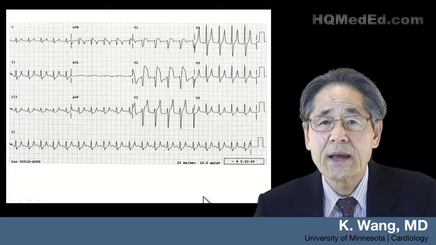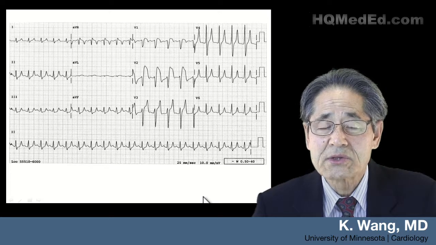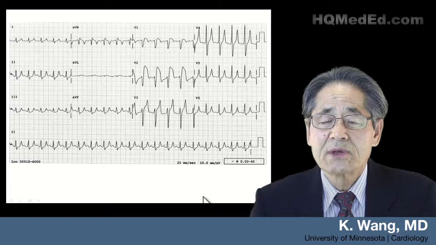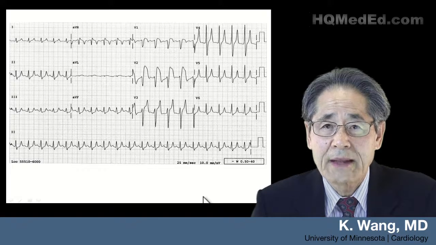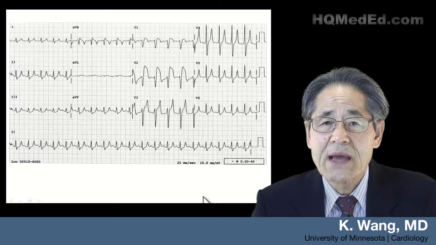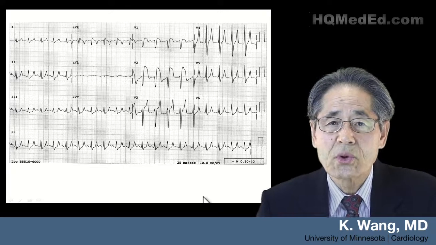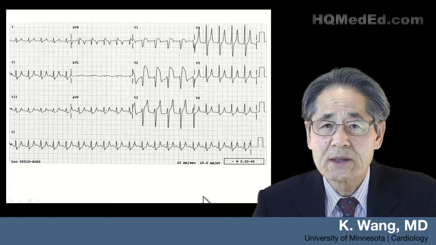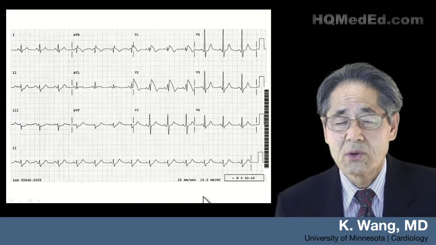This patient has a 10 millimeter ST elevation in V2. Is this a STEMI? Well, judging from the T wave in V4, which is tall, tented, pointed, narrow, this is an example of hyperkalemia causing either a pseudo-infarction pattern or an acquired Brugada ECG pattern. What is Brugada syndrome?